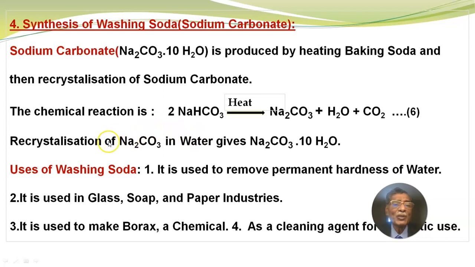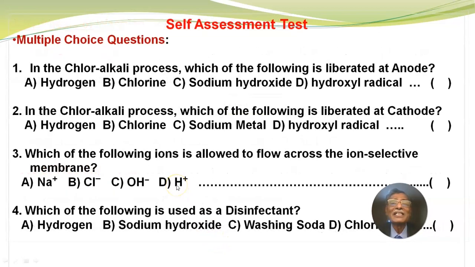Then when you recrystallize Na2CO3 in water, it gives us Na2CO3·10H2O. Uses of washing soda: it is used to remove permanent hardness of water. It is used in glass, soap and paper industries. It is also used to make borax, a chemical, and it is also used as a cleaning agent for domestic purposes.